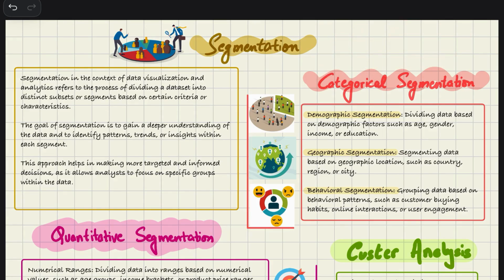In demographic segmentation, we are dividing data by human population markers like age, gender, income, and education. So we are creating these brackets. For example, we are targeting luxury car ads to individuals who are making over 25 lakh rupees.